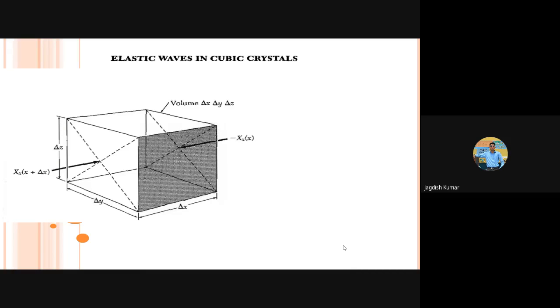Let us assume a very small volume of such a crystal, whose dimensions are delta x, delta y, delta z along the x, y, and z directions. You should not ask why I took delta x, delta y, delta z different, not all the same.